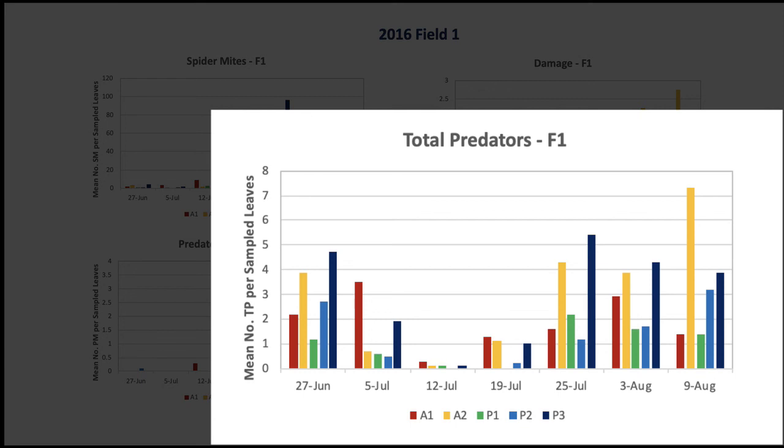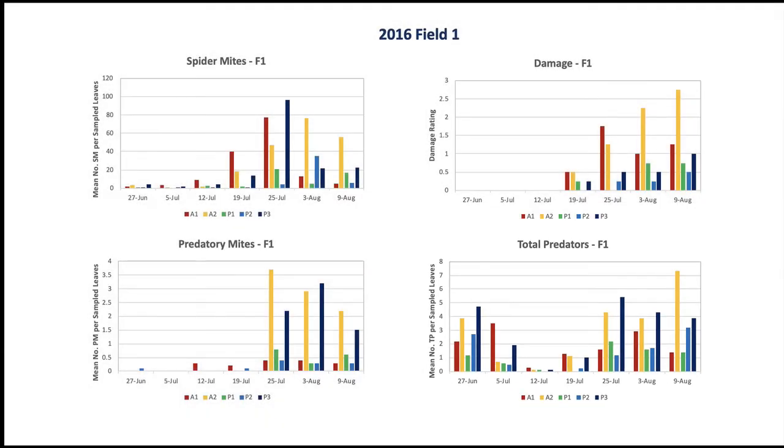And then later on in the season, as typically we get a lot of our other mite predators building up within our plots. And so we felt very good that our predatory mites were helping manage our spider mite populations earlier in the season. So we were very comfortable and we feel very confident that the predatory mites are going to be able to manage spider mites in our population, so we can use the predatory mites, make releases earlier in the season.